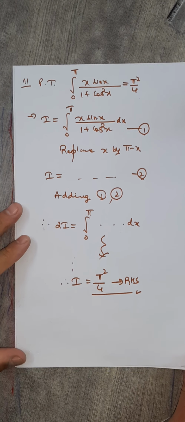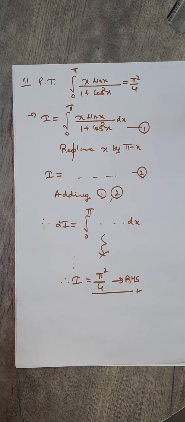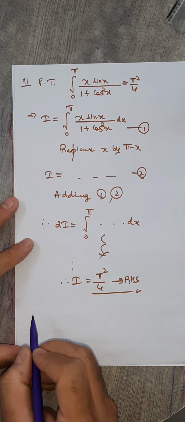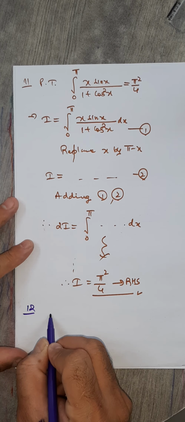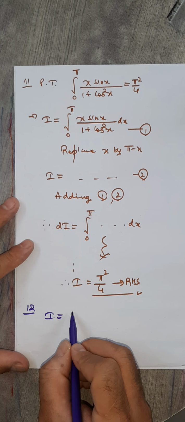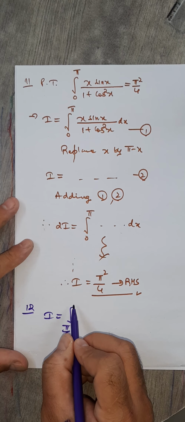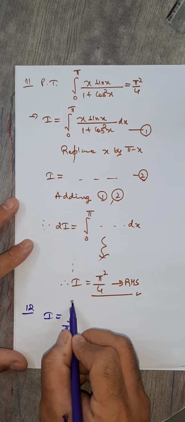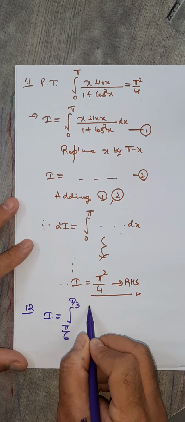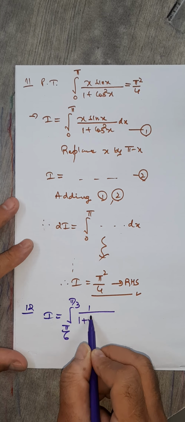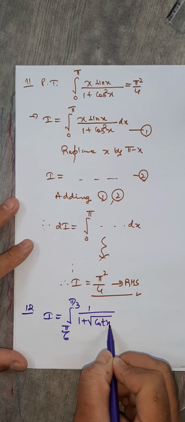One more question before I stop. Question number 12. I equals integral pi by 6 to pi by 3 of 1 upon 1 plus root cot x dx.